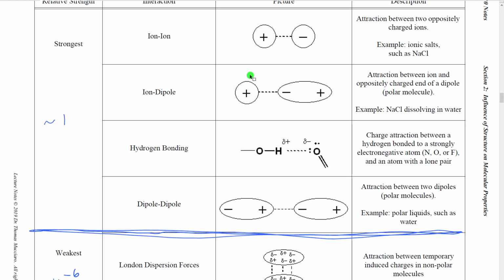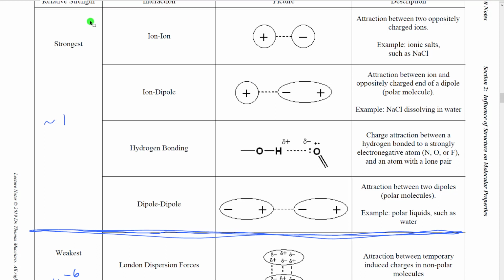It turns out that atomic and molecular sized particles are attracted together primarily by opposite electrical charges. Opposite charges attract. So all of these attractive forces are based on opposite charges attracting.